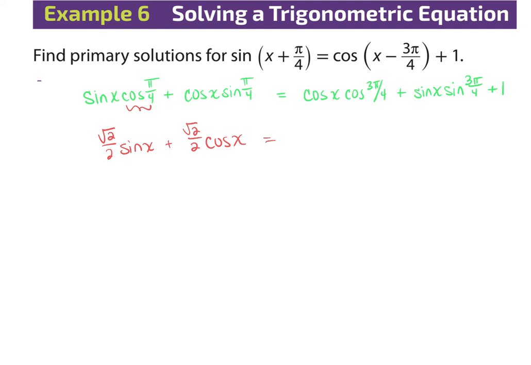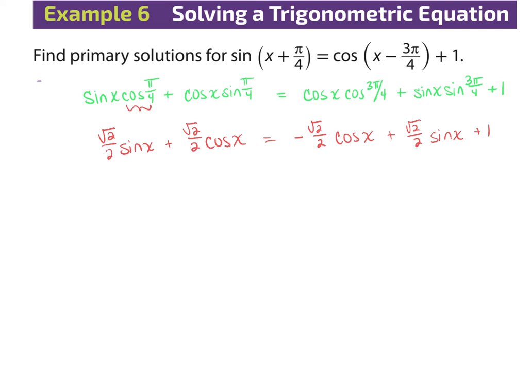All right, 3 pi over 4, what quadrant am I in? Second, so what is my cosine value? Negative. Pi over 4s are all square root of 2 over 2, so that's nice and pretty. Negative square root of 2 over 2, cosine of x. My sine value here is actually still positive in the second quadrant, so square root of 2 over 2, sine of x, and then plus 1.